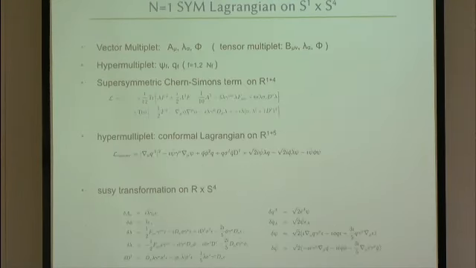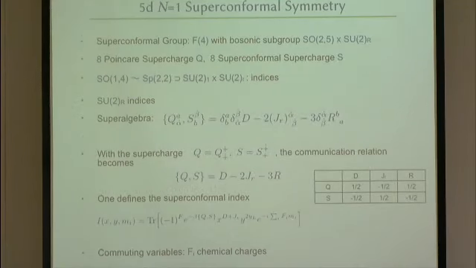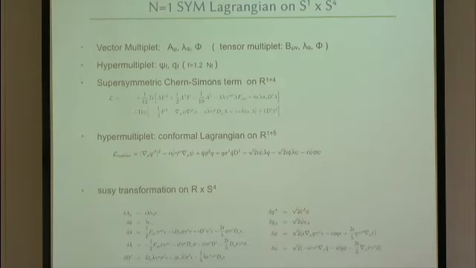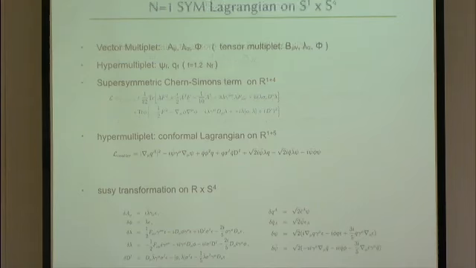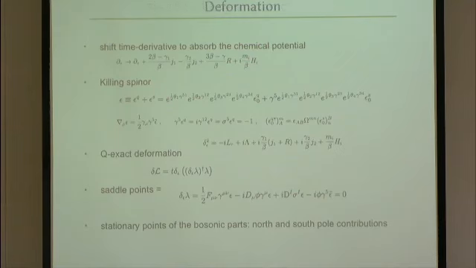Now, to calculate this index, there are many ways of doing it, but the natural way is to deform the Lagrangian. The first step is to shift the time derivative by absorbing the chemical potentials, and then using this time derivative one can write down the original Lagrangian again, with all the chemical potentials absorbed naturally into the path integral.